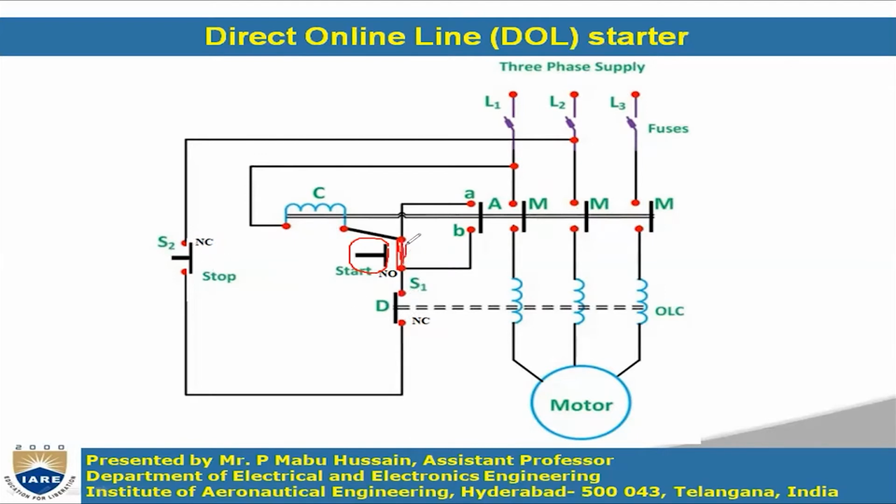So whenever you press the start button, this terminal will be connected through this to L2, and this terminal will be connected to L1, so that 440 volt supply will be given to the coil, and then all the four poles of the contactor will close. Whenever all four poles are closed, this motor will get the three-phase power supply and the motor will run.